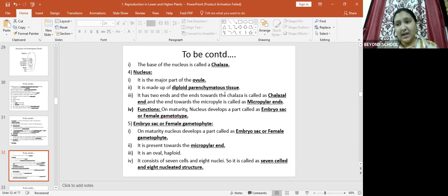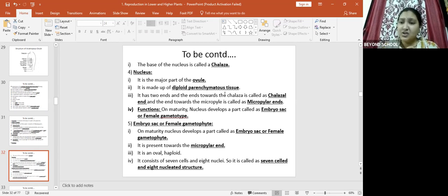And at the other end we have an opening, which we call the micropyle, also called the micropylar end. The reason it has been put under the nucellus is that the nucellus is the embryo sac, the major female gametophyte. So these two ends play a dominant role in this nucellus.